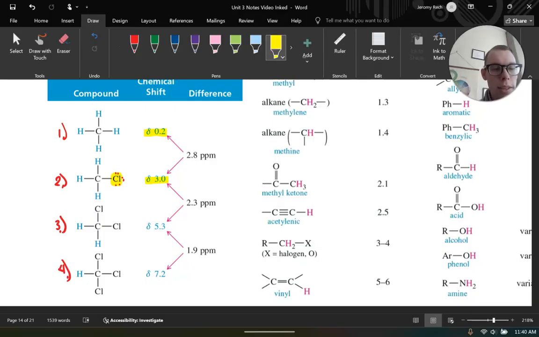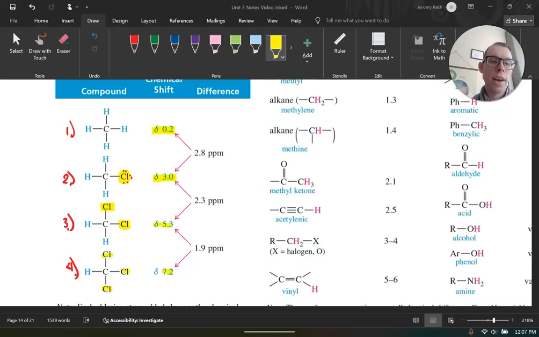We can continue this process, and for example, if we look at a molecule that has 2 chlorines, we shift it even further because those H's are now even more exposed. In this case, we have a chemical shift out in the range of 5. And then we can go even further and have a 3. This is the structure of chloroform, which has a chemical shift way out at 7.2.